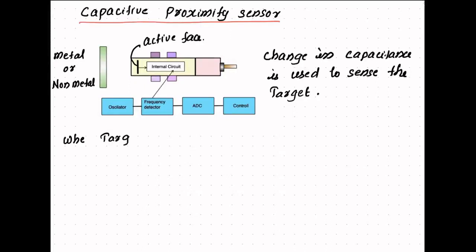When the target is away from the active plate of the sensor, the oscillator produces a very high frequency signal.